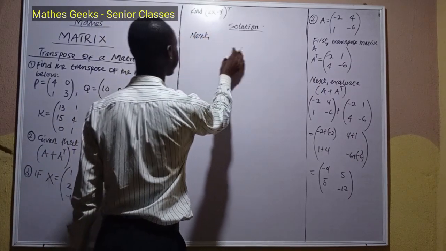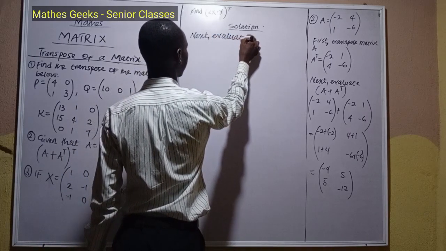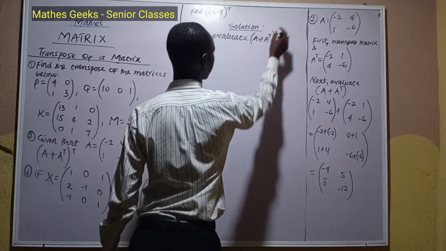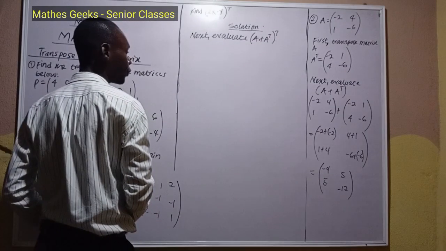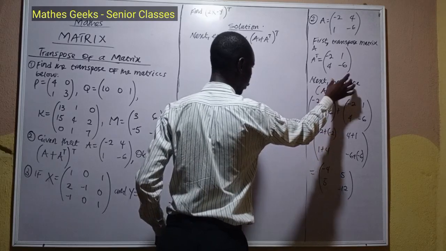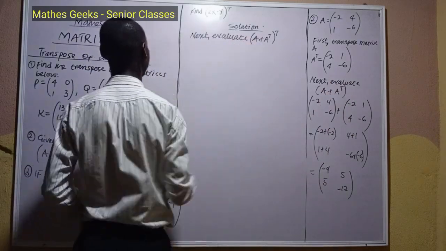Next, evaluate A plus A transpose. So this is A plus AT. So the transpose of this matrix is what we are going to do here.